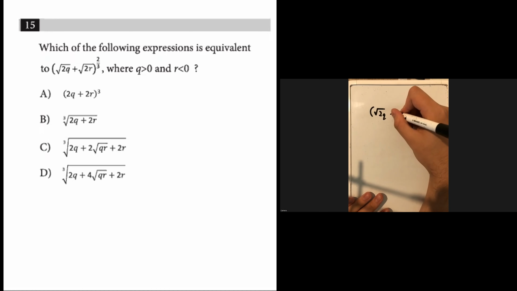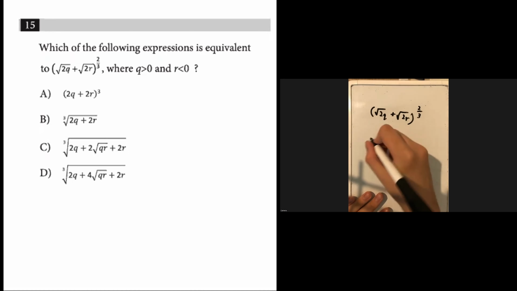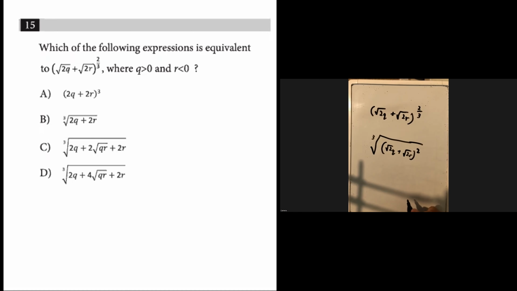And so translating this, it would just be cube root of, and then parentheses, root 2q plus root 2r squared. Okay, and so for this, you can't just do 2q plus 2r just because you're squaring it, because you'd end up missing the middle term.